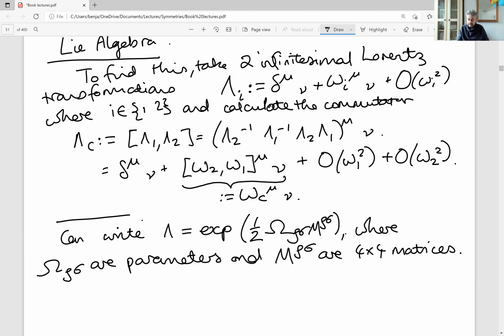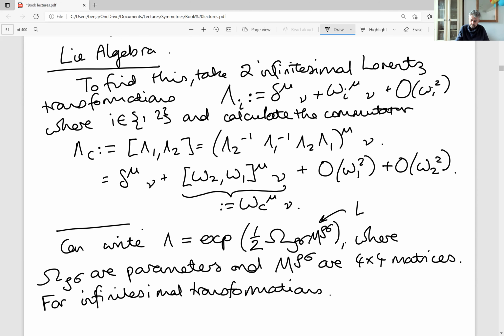When we go infinitesimal, we use small omega. The M's are going to be the elements of the Lie algebra. For infinitesimal transformations, big omegas are going to go to small omegas, just to remind us that they're infinitesimal. Okay, good.